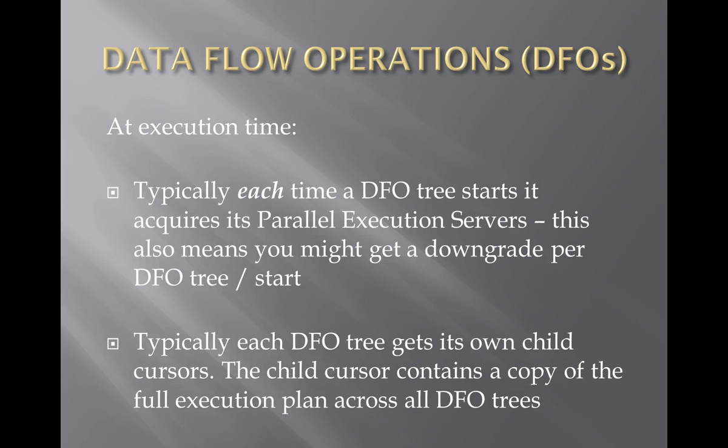Then maybe although the same degree was requested by the optimizer, at execution time you might have the problem that at the start of the first DFO tree there is a sufficient number of parallel execution servers available, whereas when the second DFO tree starts and acquires its parallel execution servers, it runs out of them. The pool is not able to provide a sufficient number of parallel execution servers, and you will get a partial downgrade basically. So you have some part of the execution plan executed at the desired degree and another part of the execution plan might be executed with a different degree simply due to a downgrade.